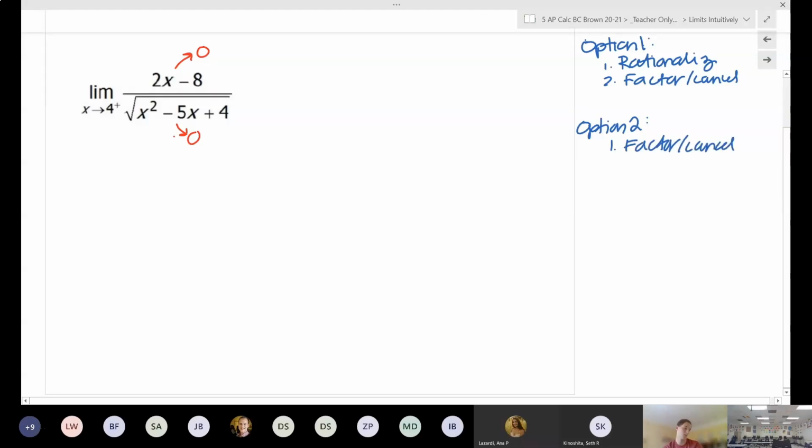And the reason why I know I can factor and cancel to begin with is in that denominator, there's no number added or subtracted to that square root. So yes, you could rationalize it. I'm going to go ahead and simplify it to begin with. And so to simplify it, I see that numerator, I can factor out a 2, and I get x minus 4.